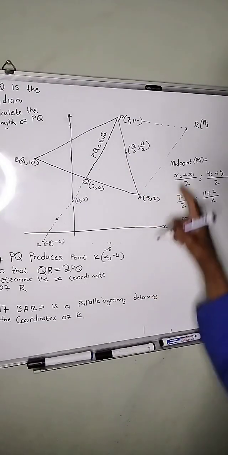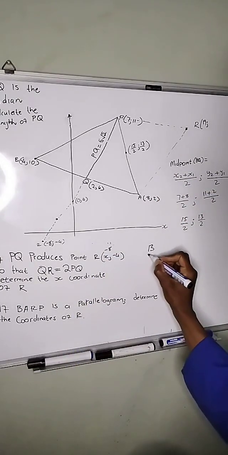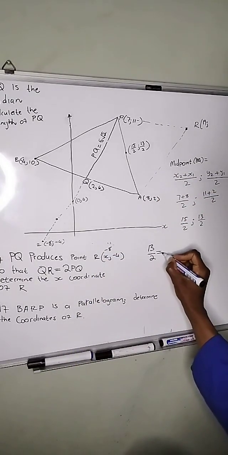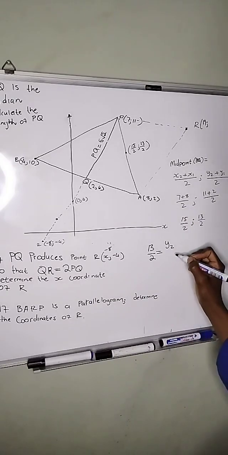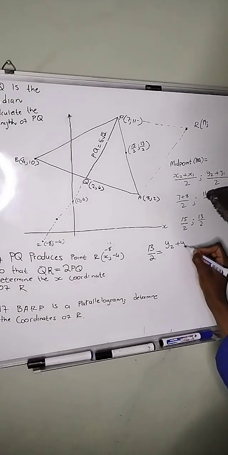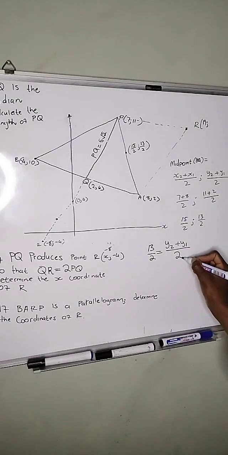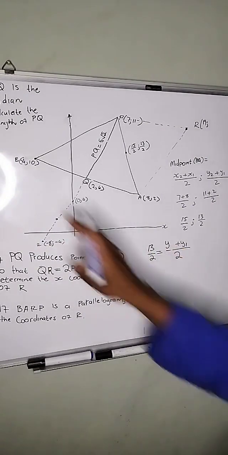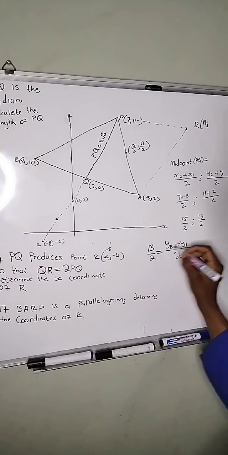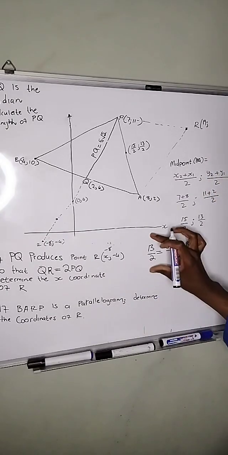The midpoint is going to be 13 over 2. It's going to be equal to Y2 plus Y1 over 2, or let me just say YB plus YR over 2, it gives me the midpoint.